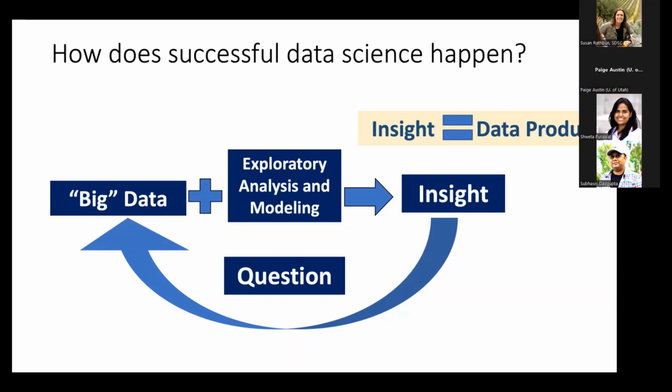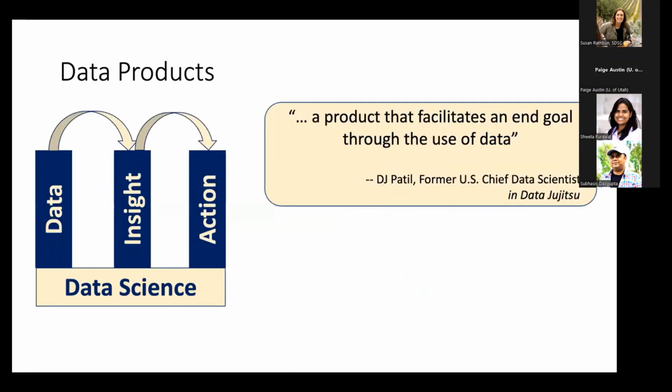So it's a dynamic problem. It's not just one-time development of models and getting insights. So one of the definitions we can say is that data science is developing data products that facilitate an end goal through the use of data.